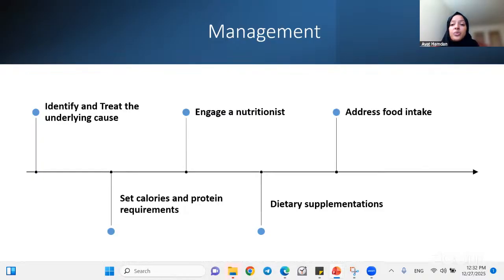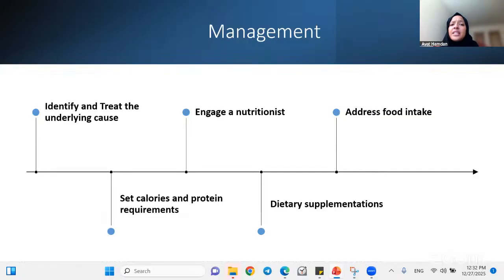And then you always need to address his food intake. You need to know his habits. You need to know if there are any dietary restrictions. If he's vegetarian and not consuming meat, what other alternatives can he have, like legumes or eggs. You also need to be aware of restrictions, if he has celiac disease, lactose intolerance, or any disease that will cause trouble with certain types of food.